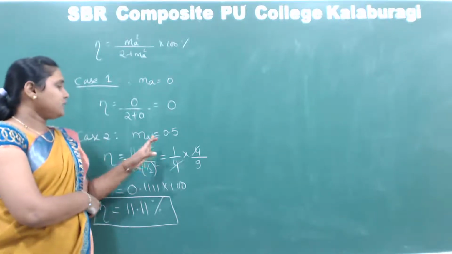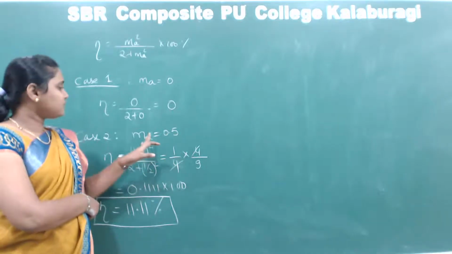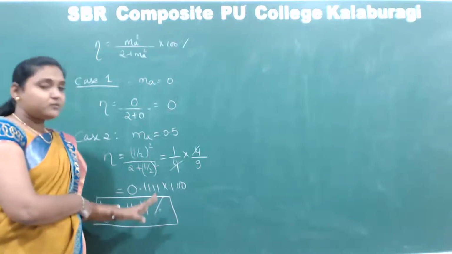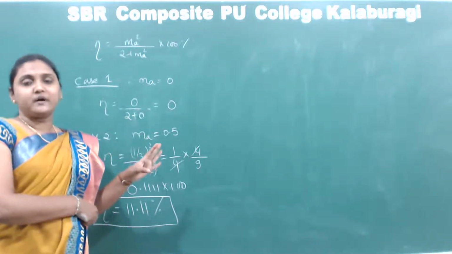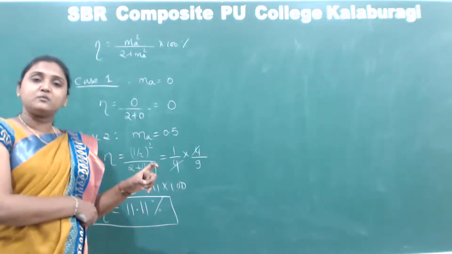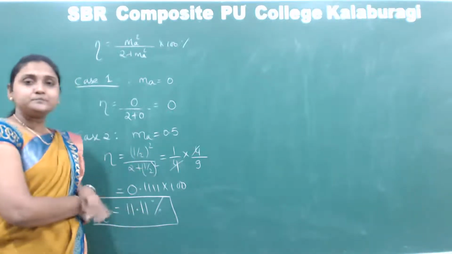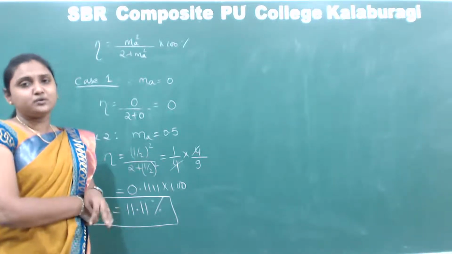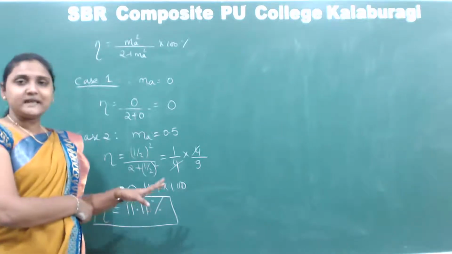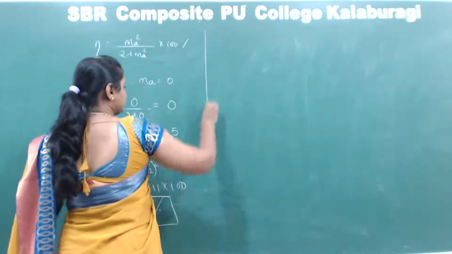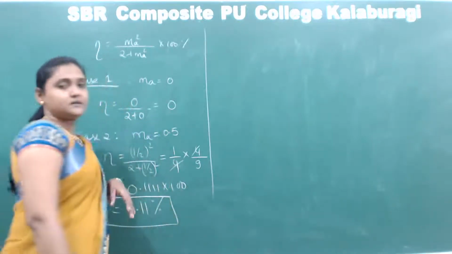With an MA of 0.5, only 11.11% of the total transmitted power has the information, and the remaining part, which is just the carrier, has no information and is of no use. Right? Clear?